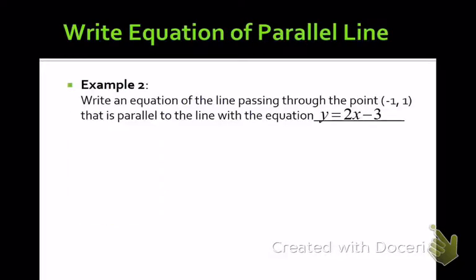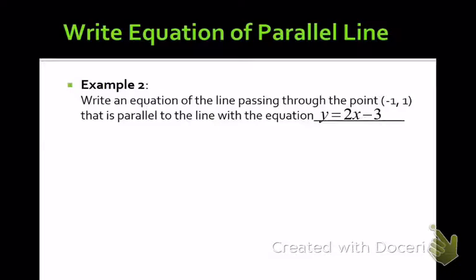Now, how we tie this into geometry is that we start talking about parallel and perpendicular lines. We talked about parallel and perpendicular lines and how their slopes compare last time, so we want to use that now. We're going to write the equation of a line passing through the point (-1, 1), and we want our line to be parallel to the line y equals 2x minus 3.